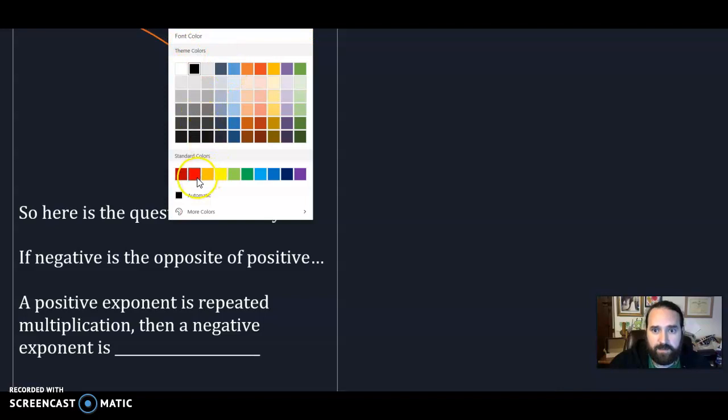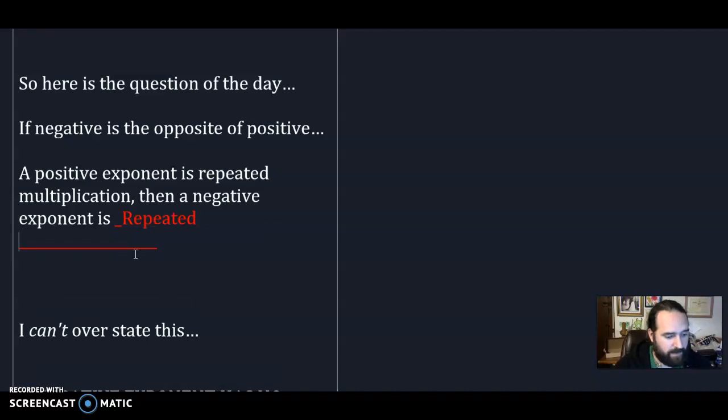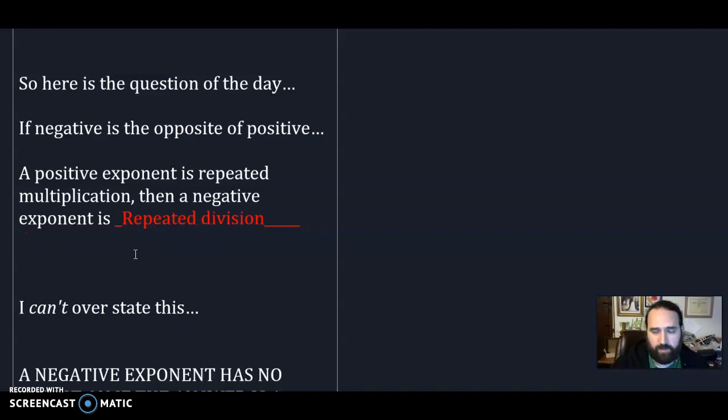Hang on a second. So down here, the opposite of a negative exponent is going to be repeated division. So that's the opposite of repeated multiplication. So a negative exponent is repeated division.